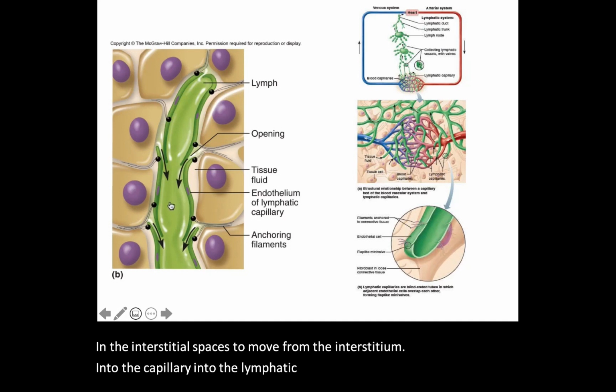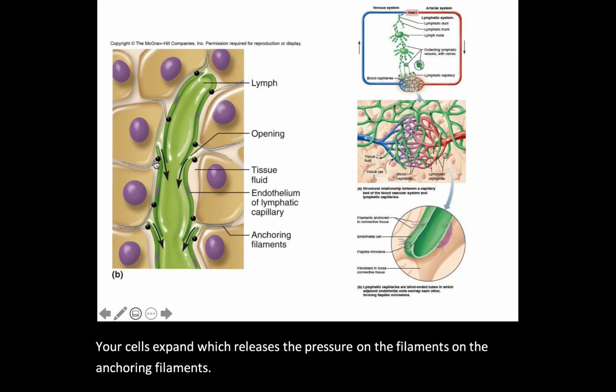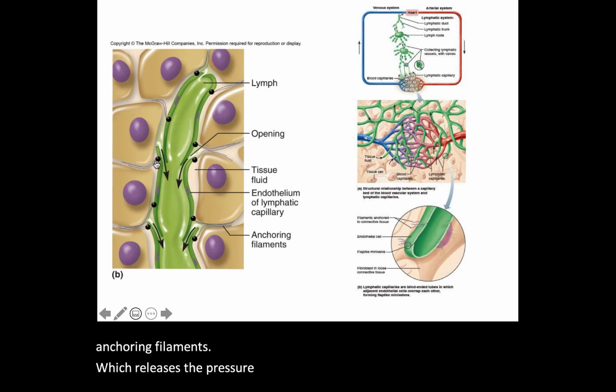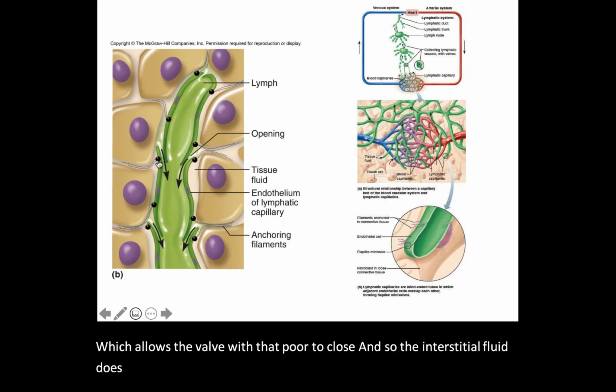As the pressure decreases, your cells expand, which releases the pressure on the anchoring filaments, which releases the pressure on the protein, which allows the valve, or that pore, to close. And so the interstitial fluid does not move into the capillary, it stays where it is.